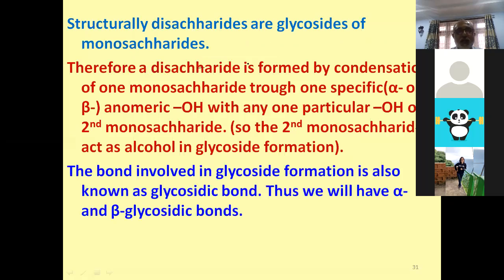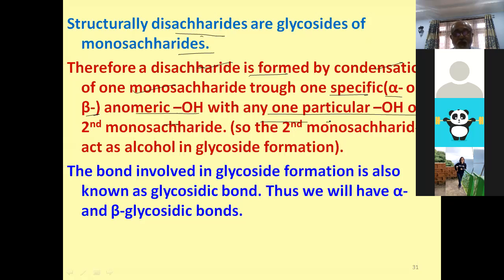Structurally, disaccharides are glycosides of monosaccharides. Once there is a glycosidic bond, the disaccharide is formed by condensation of one monosaccharide, through one specific, alpha or beta, anomeric OH group, with one particular OH of the second monosaccharide.